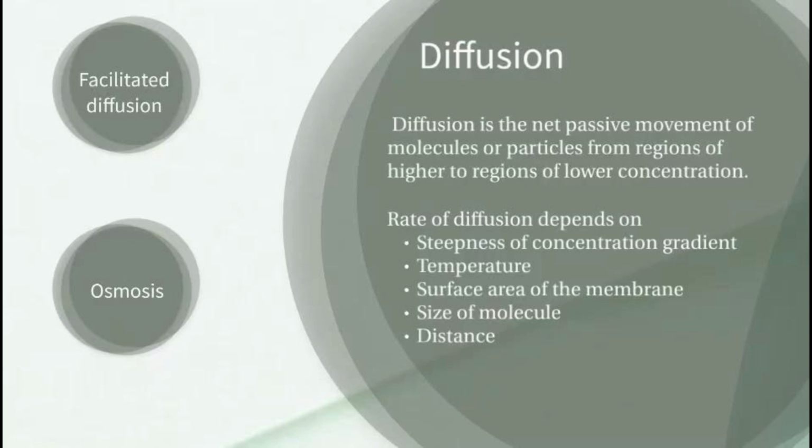So the higher the temperature, the faster the diffusion happens because the molecules within that substance will have more energy and will be moving more quickly. So if you have a gas that is very hot, it will diffuse much quicker than a gas that is cold because within it, the particles have much more energy and are moving around much more rapidly. So they will move from the area of high concentration to the area of low concentration much more quickly.